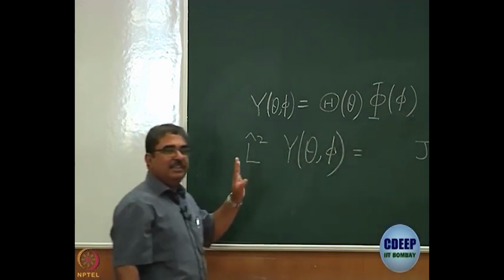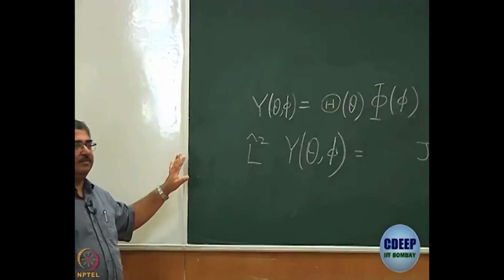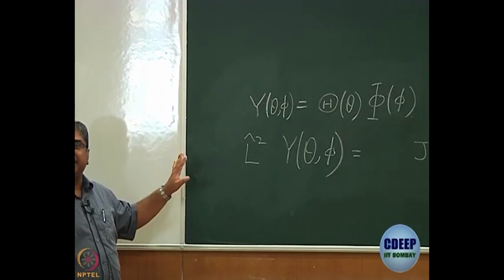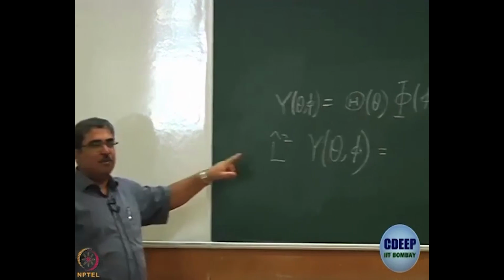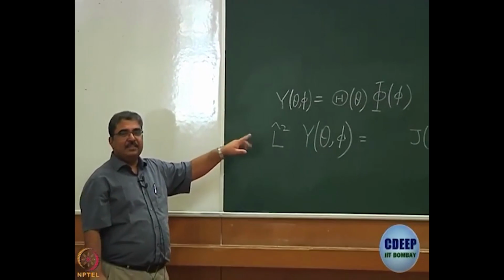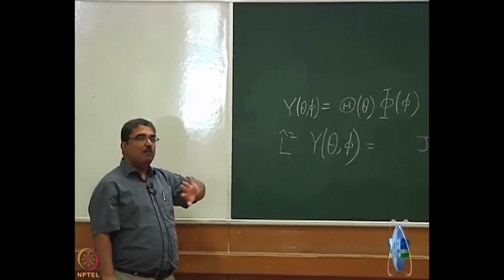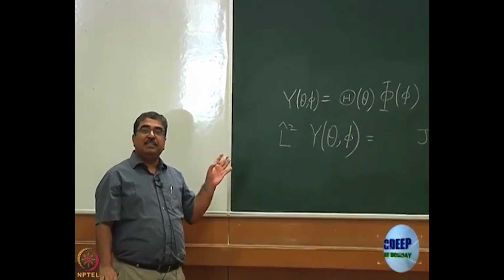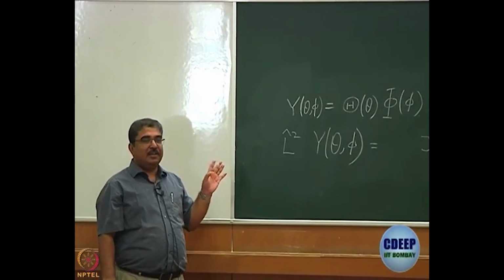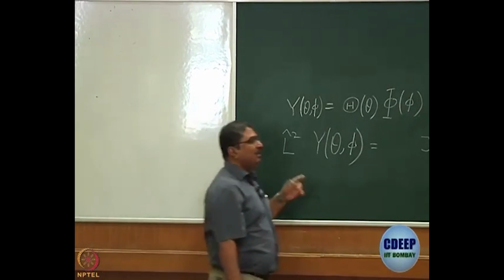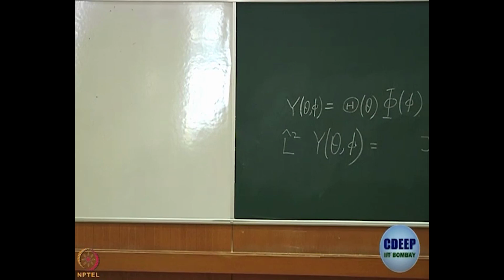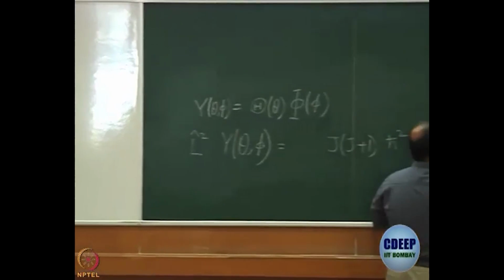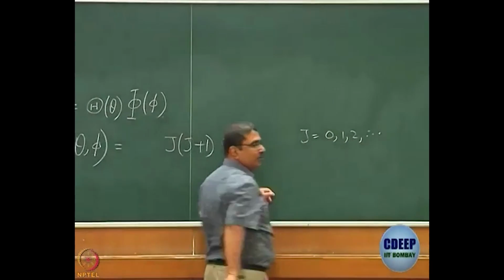Do we all agree with this? If there is a question, please ask. What is J? J is the rotational quantum number, analogous to L in the hydrogen atom. The possible values of J are 0, 1, 2, and so on.